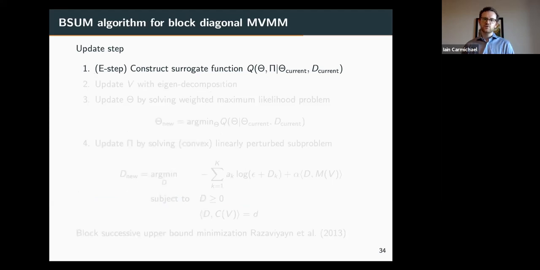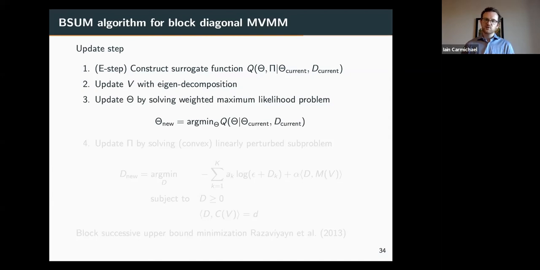And it turns out, well, we can use the original EM algorithm just with a slightly different M step. So here's, I guess, one loop of that EM algorithm. So we're going to construct the surrogate function given our current parameter estimates. It's exactly the same as before. We're going to update V with an eigendecomposition. We're going to update theta by solving a bunch of weighted maximum likelihood problems. Again, the same as before.